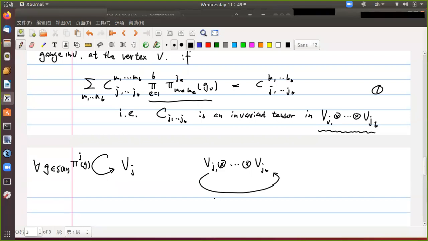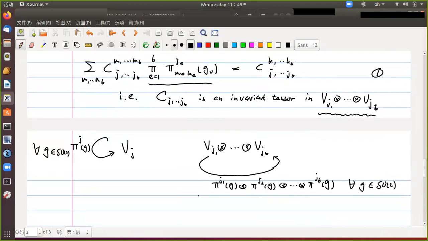The tensor product representation is just a tensor product of the operators, pi j1 of G, pi j2 of G, up to pi j6 of G, again for any G belonging to SU(2).